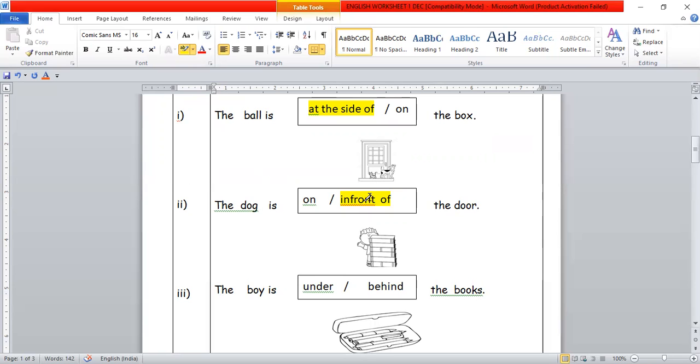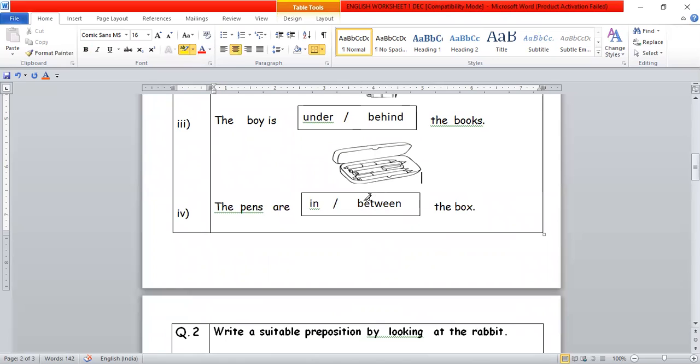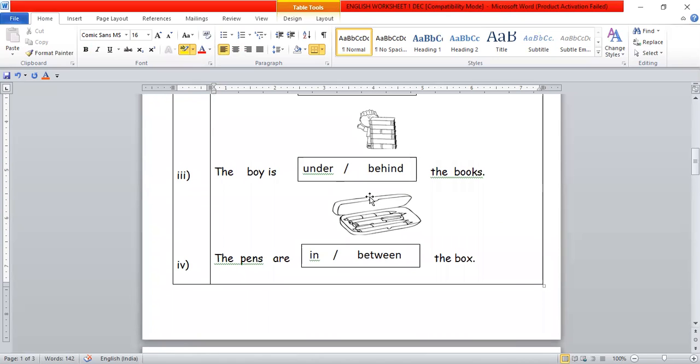In front means samne. The boy is under or behind the books. Under means niche, behind means piche. Okay. The boy is under. Is he under the books? No. He is behind the books.